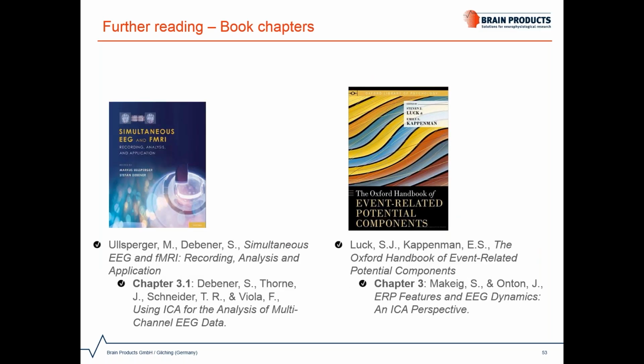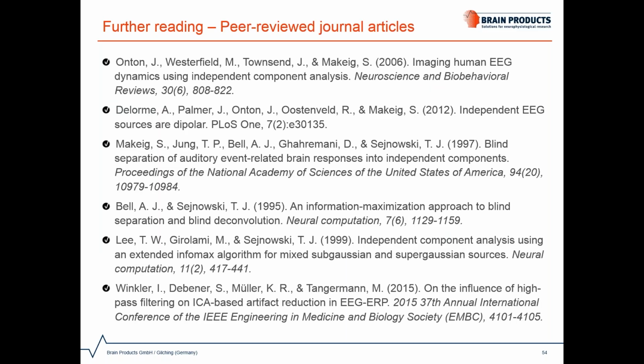If you rather want to learn about ICA on a more specific perspective, these two chapters here are quite interesting in these two books. And then there are also some nice articles that I would recommend. Also, the articles that I mentioned earlier in the presentation are in these references here.